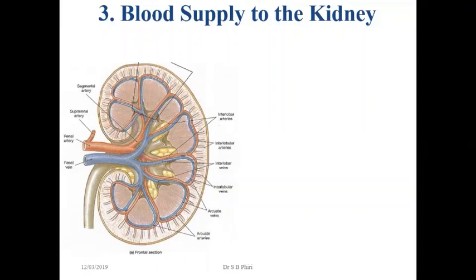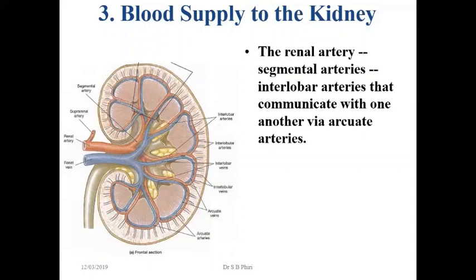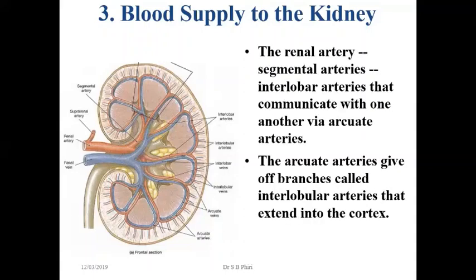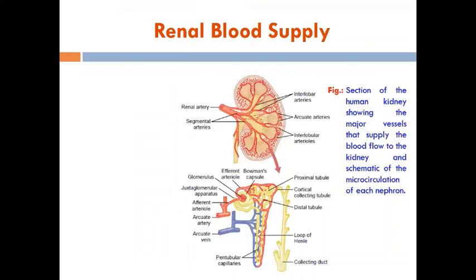The interlobular veins join to form arcuate veins, the arcuate veins join to form interlobar veins, the interlobar veins join to form segmental veins, and the segmental veins join to form renal veins. This then joins the inferior vena cava to take blood back to the heart. So this is the blood supply of the kidneys.